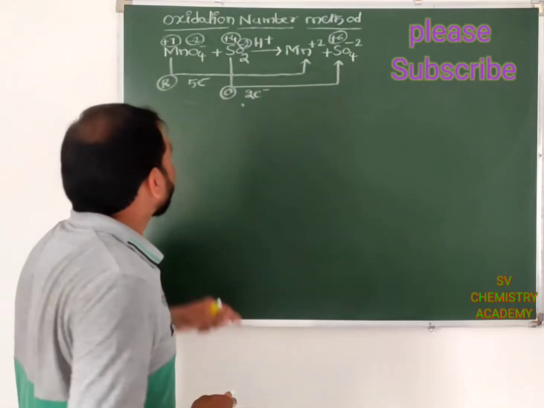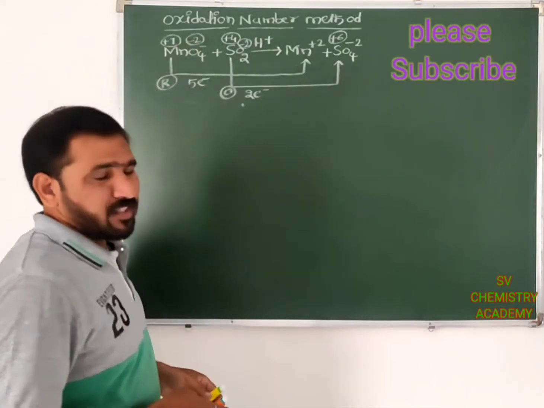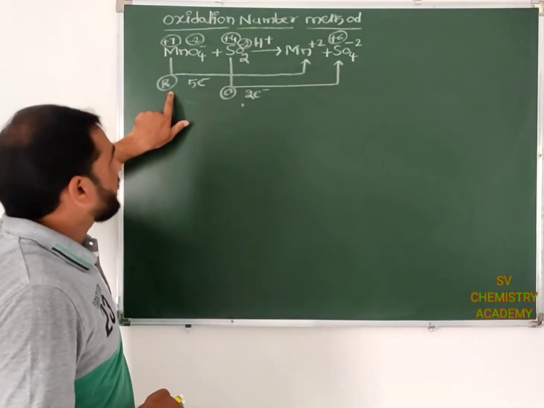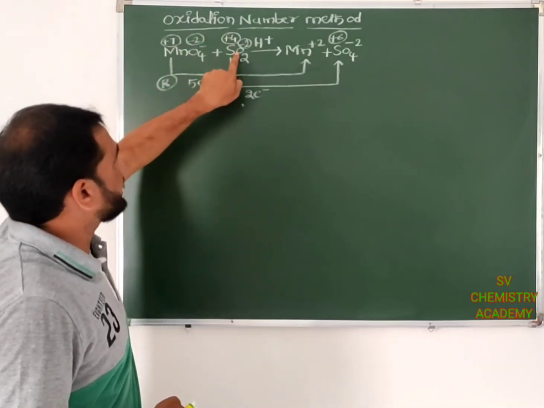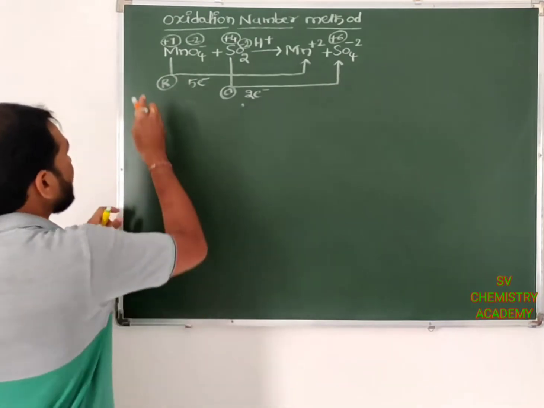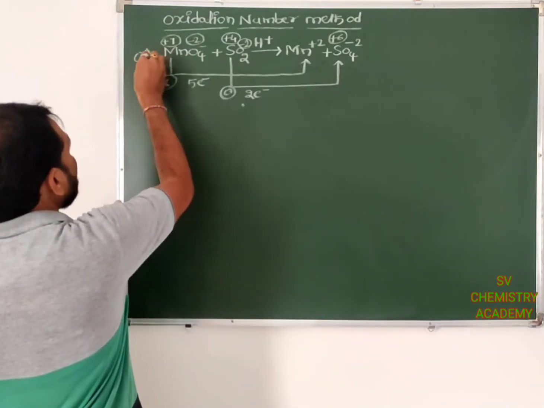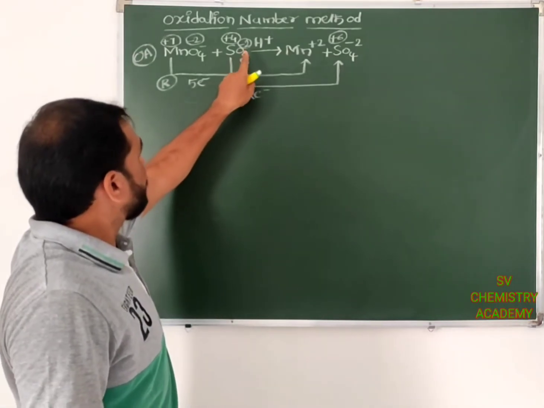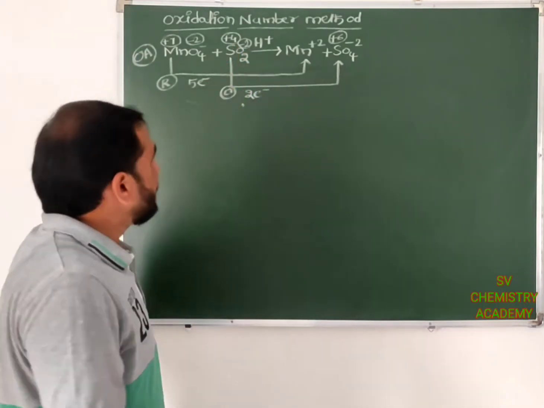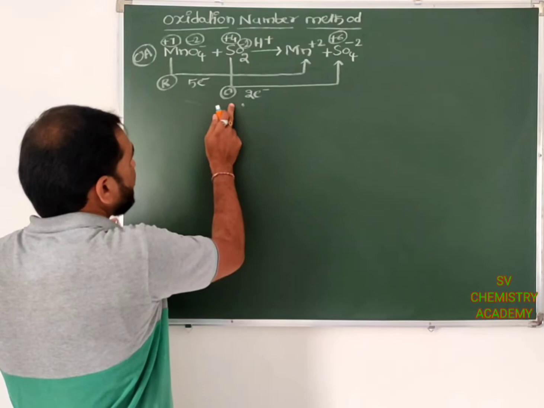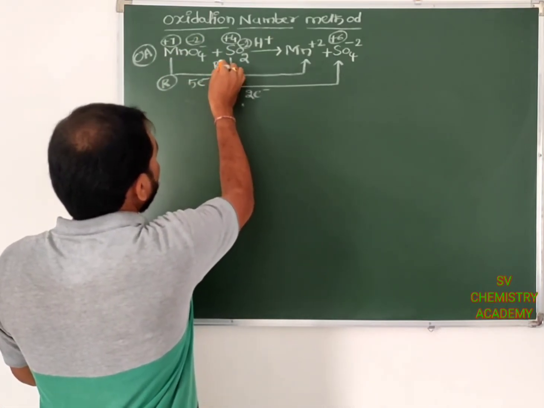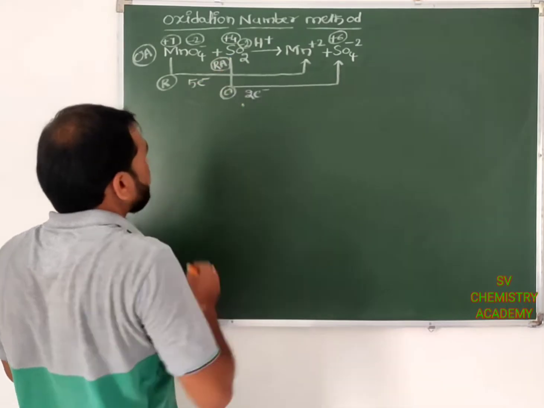Then this MnO4 minus reactant itself undergoes reduction but oxidizes the neighboring substance. That's why this is called the oxidizing agent. Then coming to SO2, this itself undergoes oxidation but reduces the neighboring substance. This is called the reducing agent.